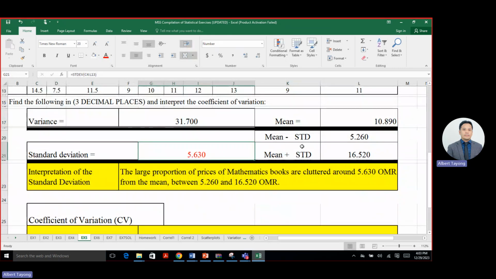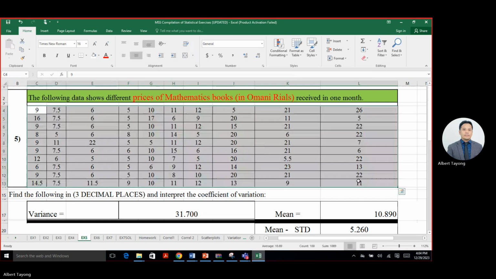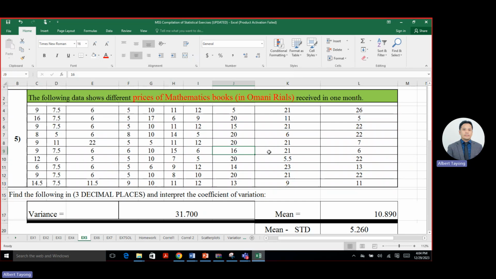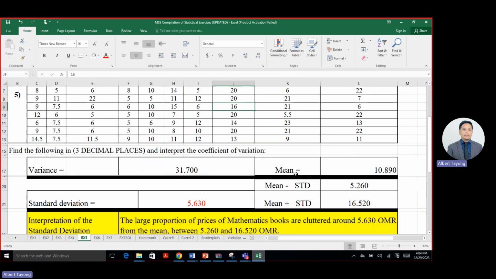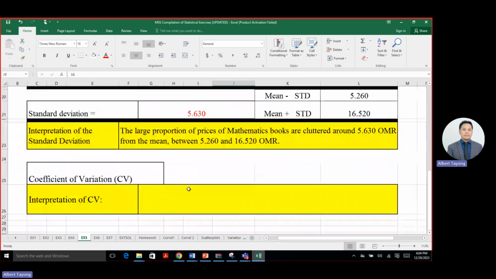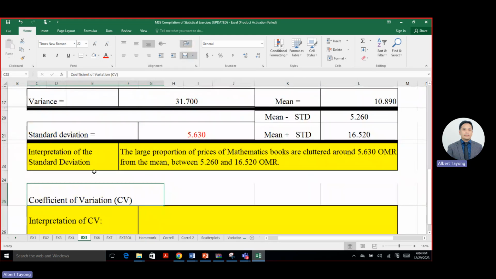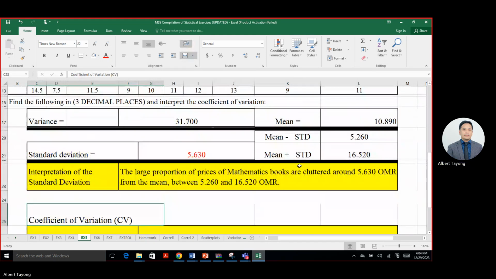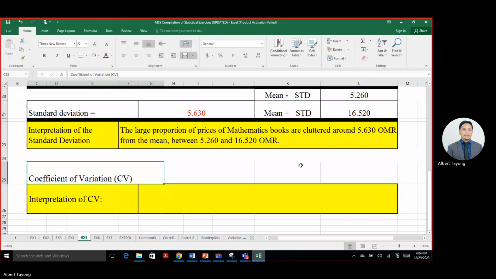By looking at the standard deviation, we cannot tell exactly whether it is really big, small or moderate, whether the scores are far from the mean or close to the mean, or moderate, not very far, not very close. To answer the question, we have to use another measure, the CV, coefficient of variation, to tell us whether the distance from the mean is high or not.